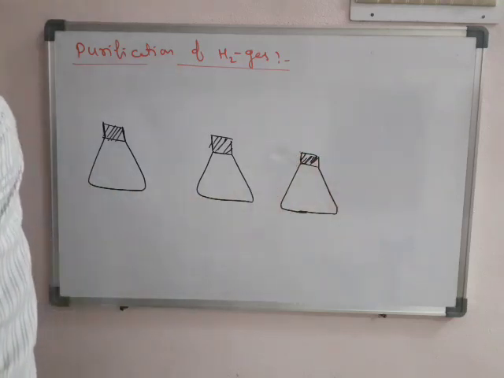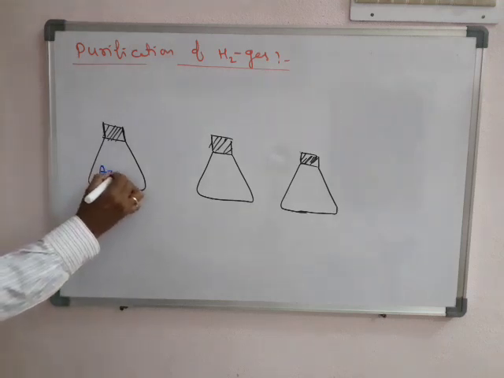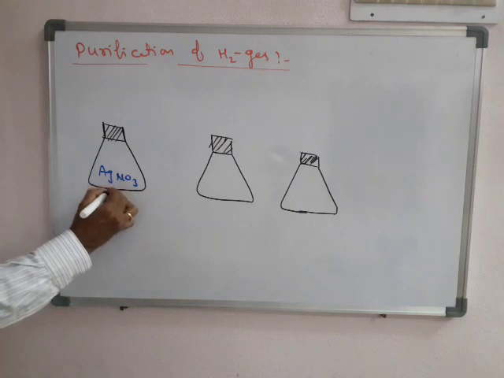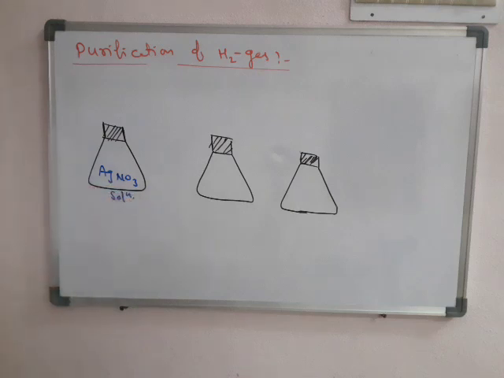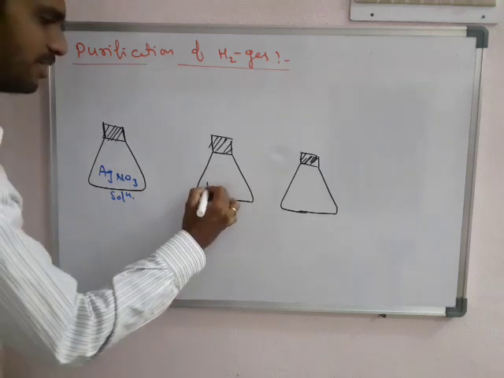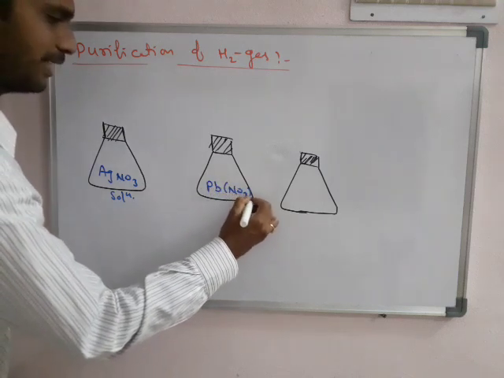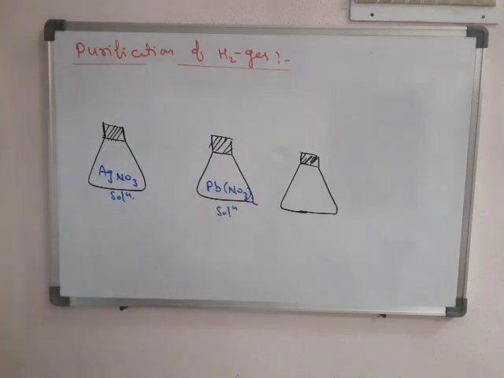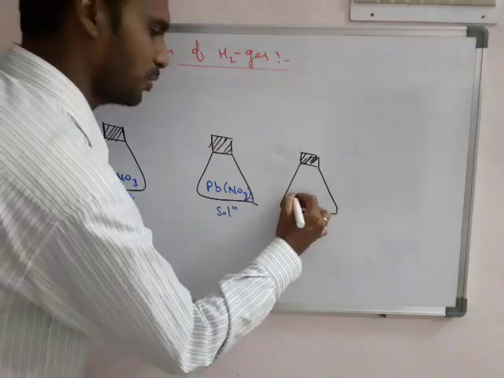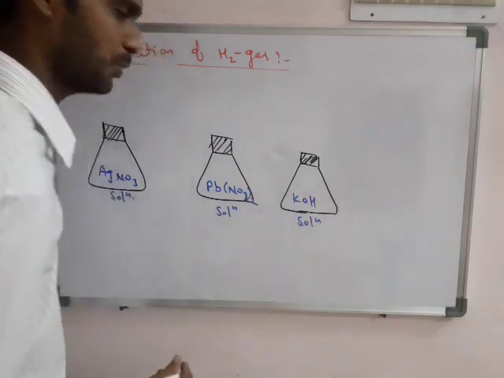The first one has silver nitrate solution, all in solution form. The second one has lead nitrate solution, Pb(NO3)2. The last one has potash solution. Potash means KOH, potassium hydroxide solution.